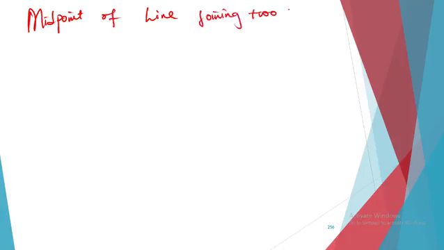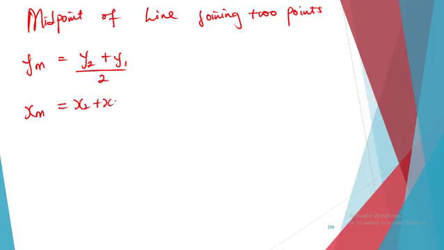This is given as ym equal to y2 plus y1 all over 2. That's the formula we use for y. Then solving for x, which is the midpoint of x, it's equal to x2 plus x1 all over 2. Okay, so these are the formulas we use.